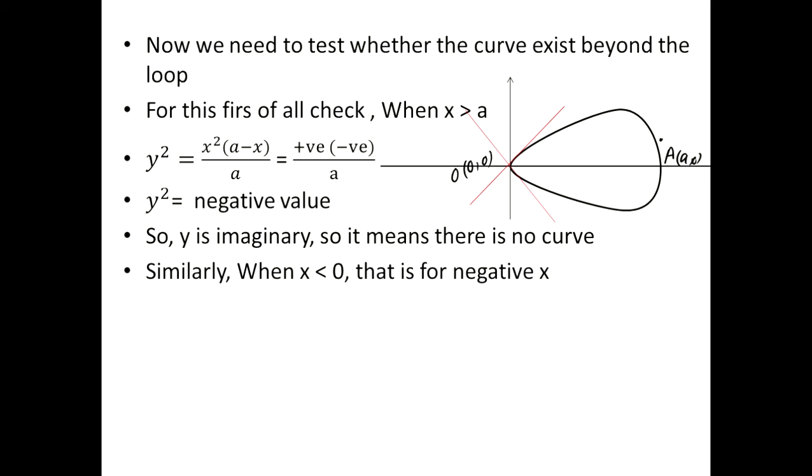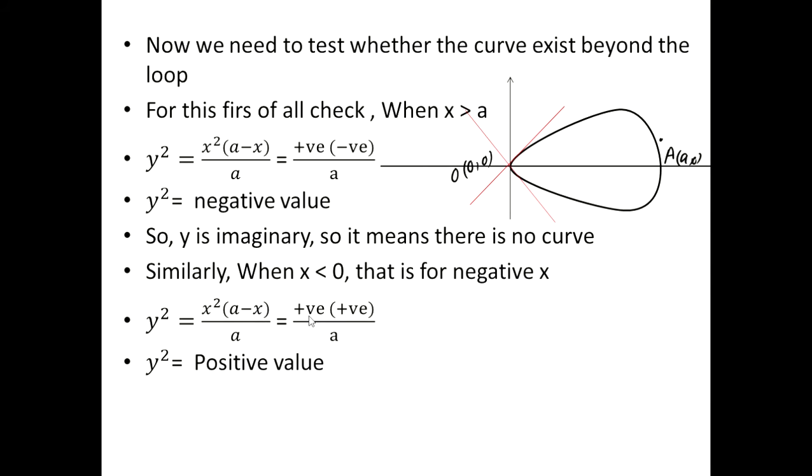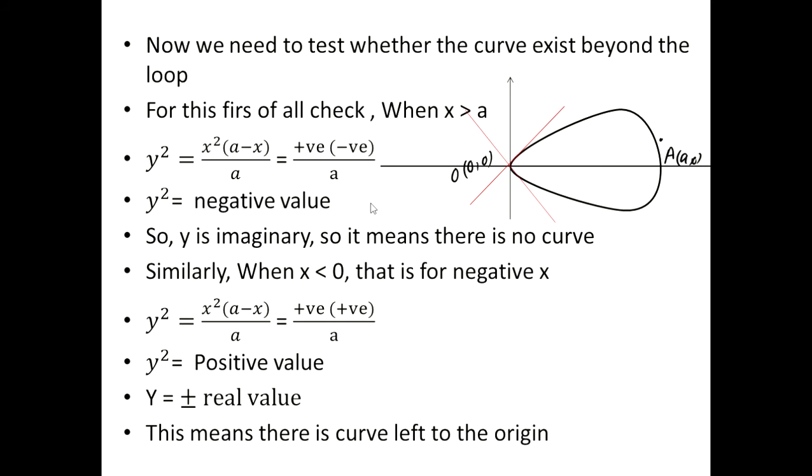Similarly, when x is less than 0, that is for negative values of x, y squared becomes positive. The first factor is positive, the second one is also positive, since there is minus x for negative x, which becomes positive. Y squared positive means y produces plus minus real values. When x is negative, it produces positive and negative values, since the curve is symmetrical about the x-axis.